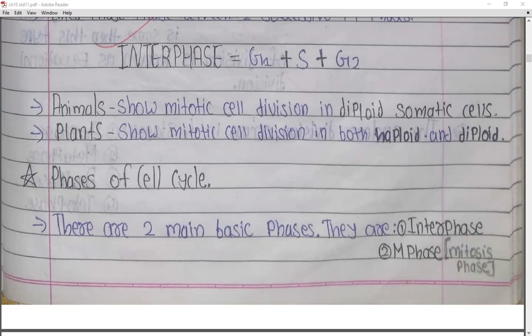So in animals, mitosis always takes place in the diploid somatic cells, while plants show mitotic cell division in both haploid as well as diploid. In animals, you have to remember, this can be asked in MCQ, it is observed only in the diploid somatic cell. But in plants, it is seen in both, that is haploid as well as diploid.